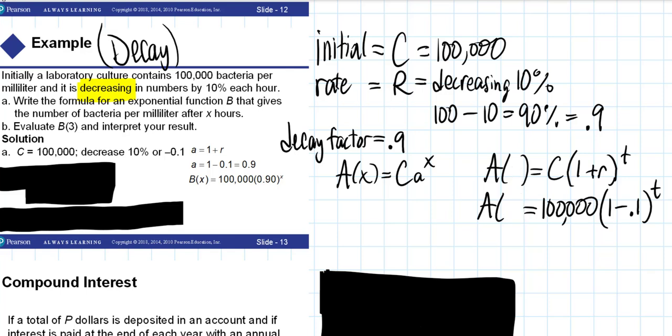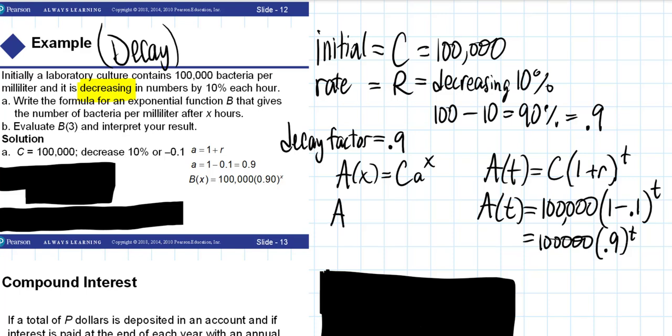I should say A to the T. And equals 100,000 times 0.9 to the T, which we already said that our decay factor is 0.9. So you could have written that here too.